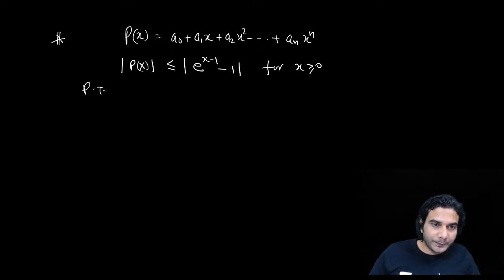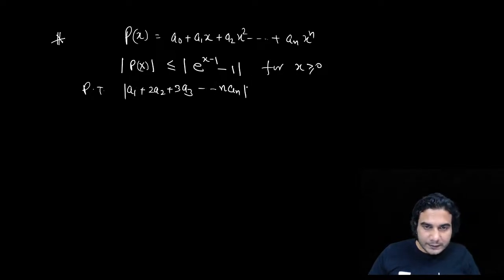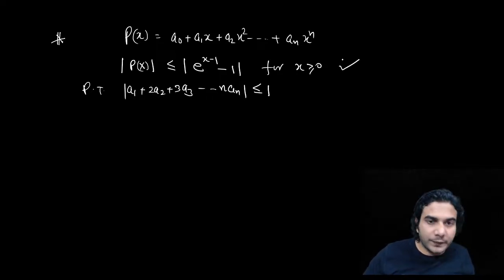Then prove that mod of a1 plus 2a2 plus 3a3 and so on up to n an is less than or equal to 1. All right, so this is what we need to prove.